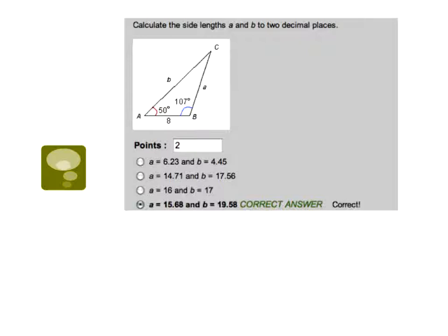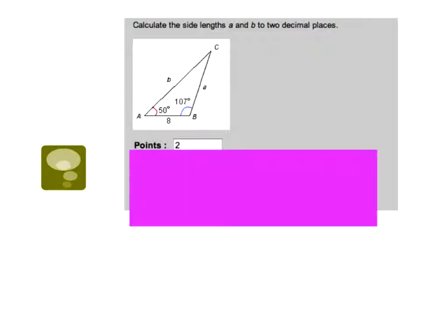Okay, last question. This says calculate the side lengths A and B to 2 decimal places. This one should be pretty simple, except for one reason. Let's talk about why I threw this one in here.